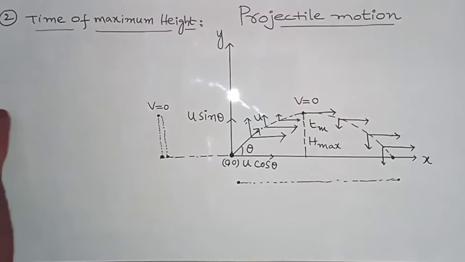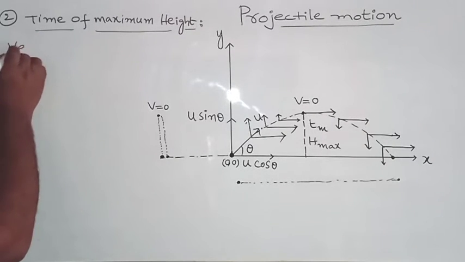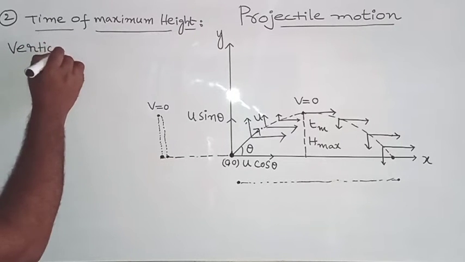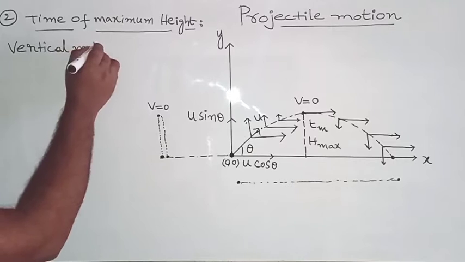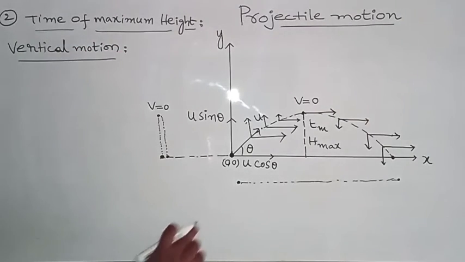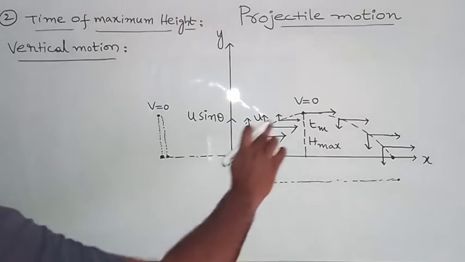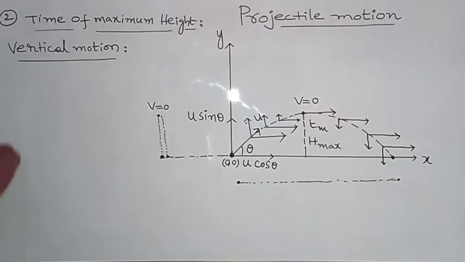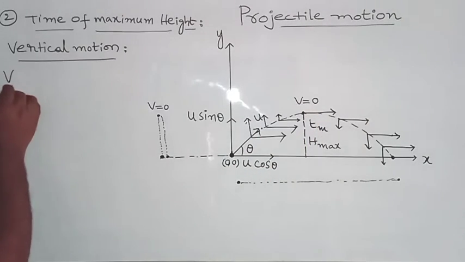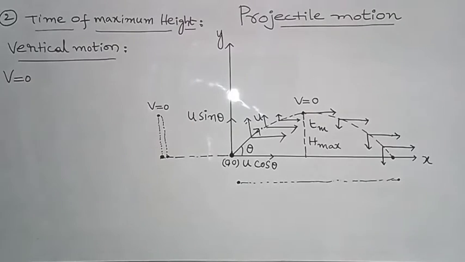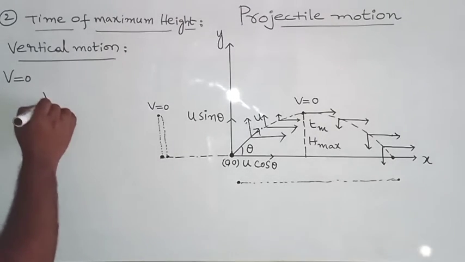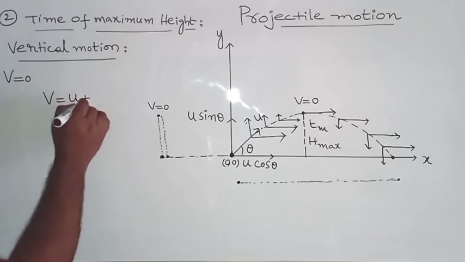Here, for the time of maximum height, we have to take the vertical velocity or vertical motion. In vertical motion, at maximum height, what is the velocity? At maximum height, the velocity becomes 0. V is 0. So we know the kinematic equations, from that what can we write? Here V equals U plus AT.